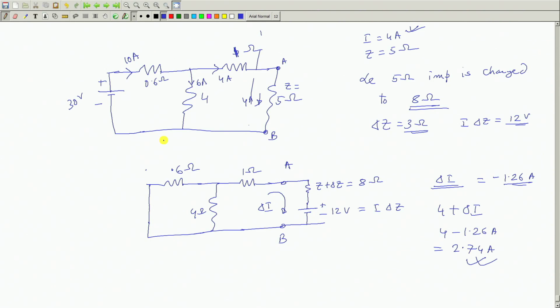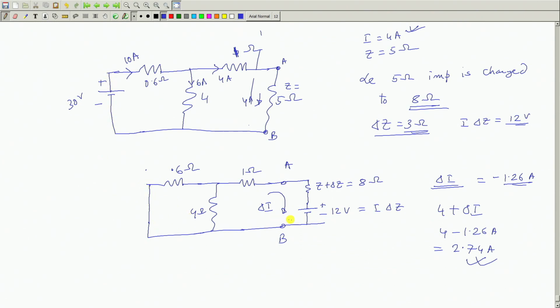The answer is no. What you have to do is show the actual impedance now, that is 5 plus 3 ohm, delta Z is 3 ohm, making it 8 ohm, and in this branch you bring in one voltage which is equal to the earlier current flowing, I, into the change in impedance, delta Z, that is 12 volt, and all other sources replaced by their internal impedances, which was a single battery here.